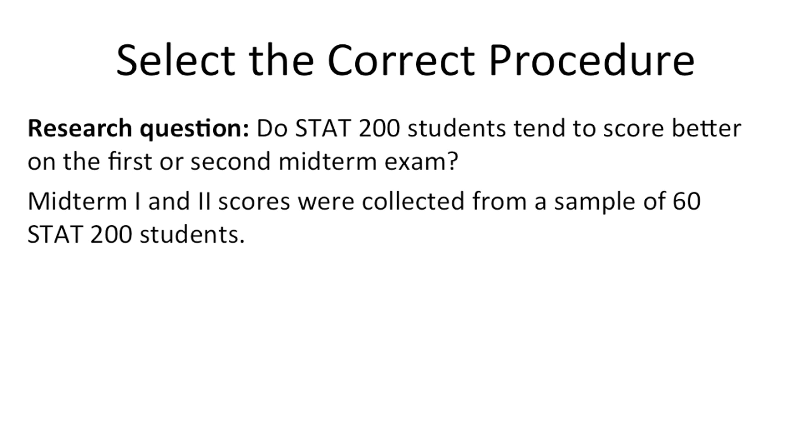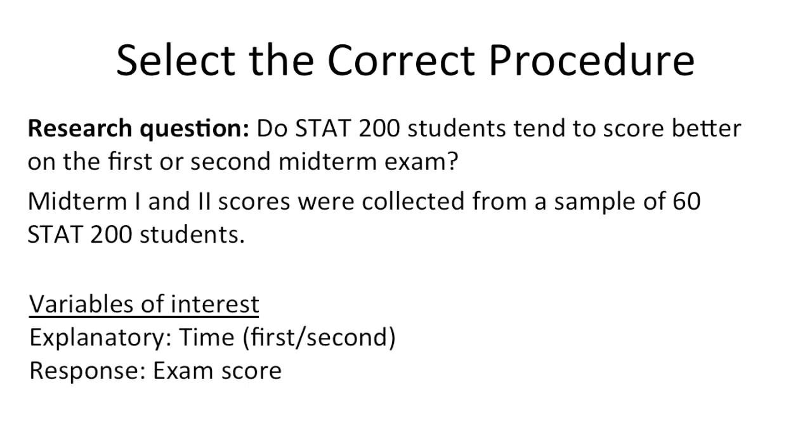We only have one sample of students here, one set of 60 Stat 200 students. The variables of interest are time, so we want to know if first and second midterm exam scores differ. The response variable, I'm going to say, is exam scores. So we're comparing exam scores from the first midterm to exam scores for the second midterm in one sample.